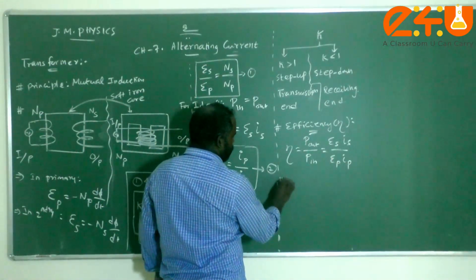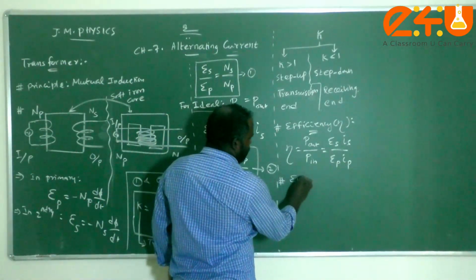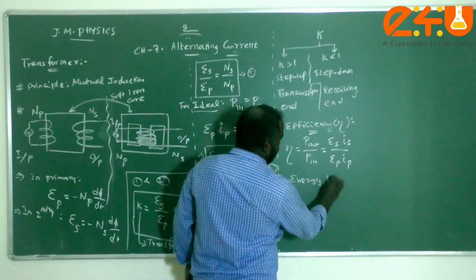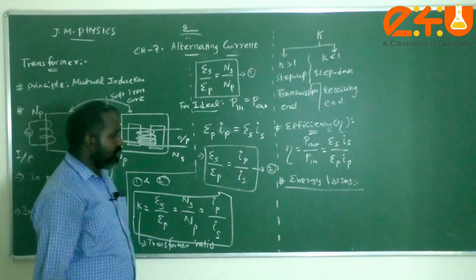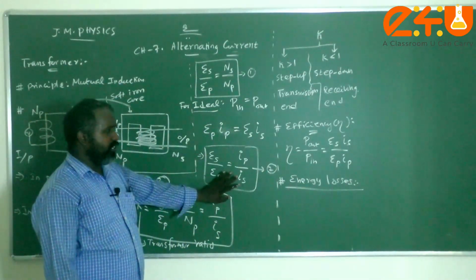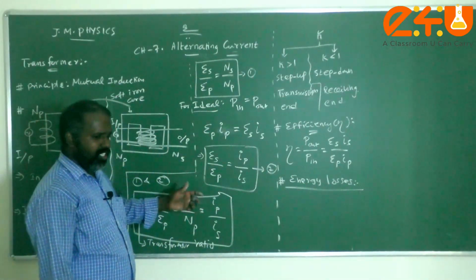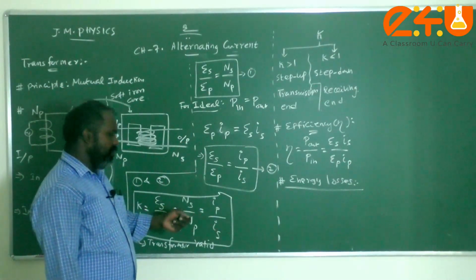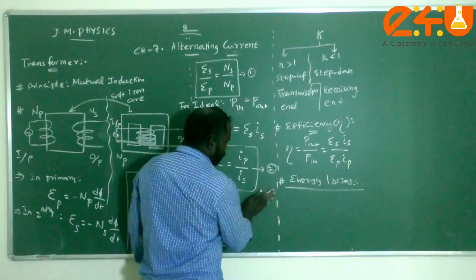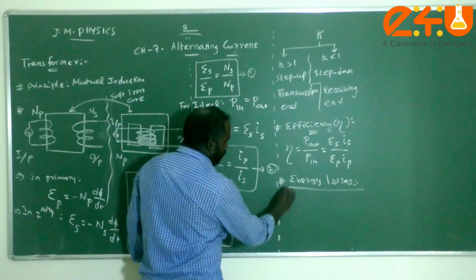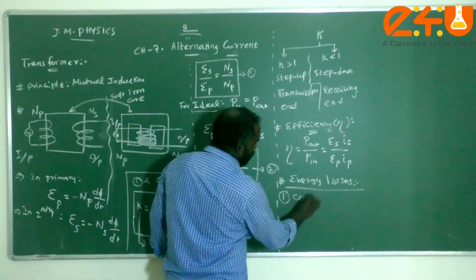And the last one is energy losses, types of energy losses. For the ideal case there is no energy loss, but in practice, in normal usage, there will be energy loss. The first energy loss we are going to discuss is called copper loss or heat loss.